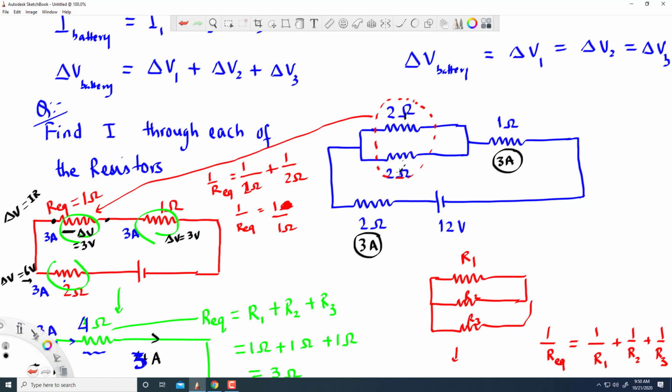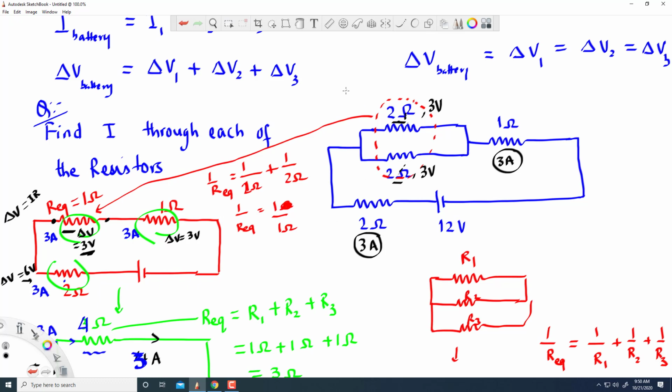And we know that the potential difference across parallel resistors is the same. So you have 3 volts potential difference here, and this one is in parallel to this one and that one. That means this one will have 3 volts and this one will also have 3 volts because they are in parallel again.